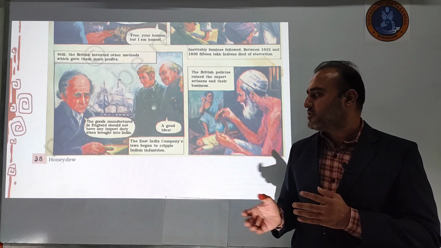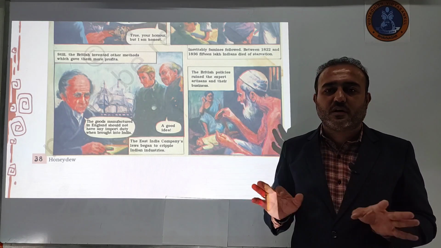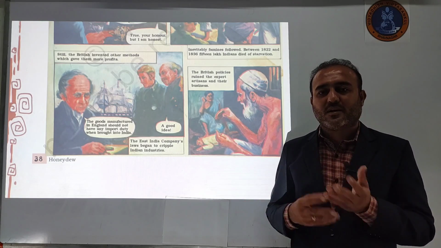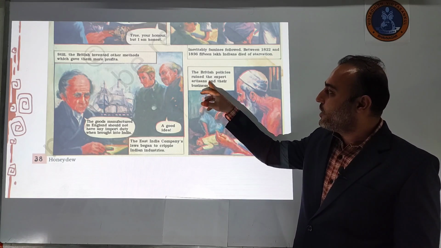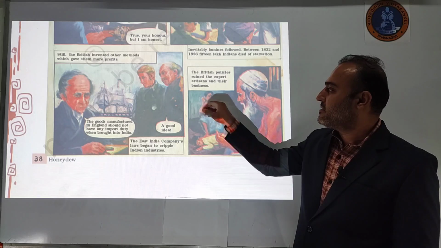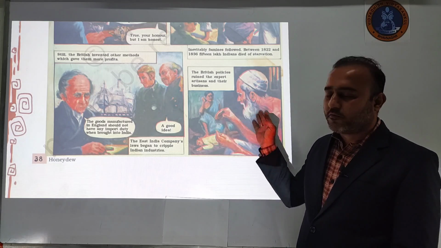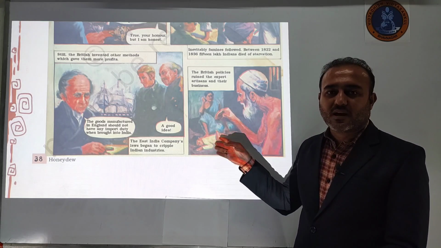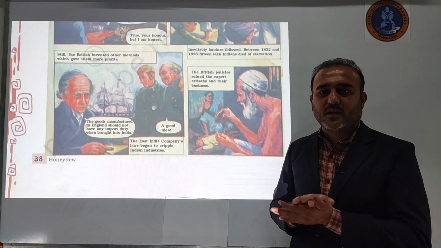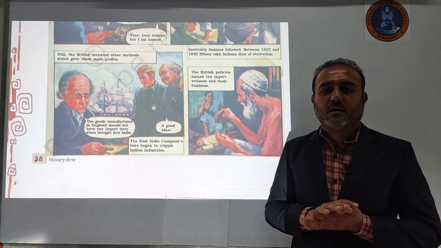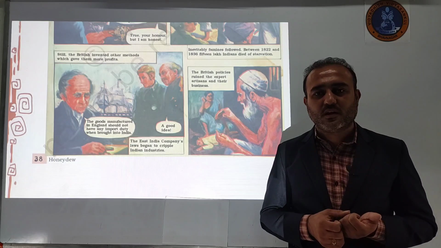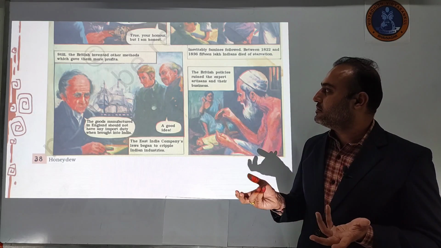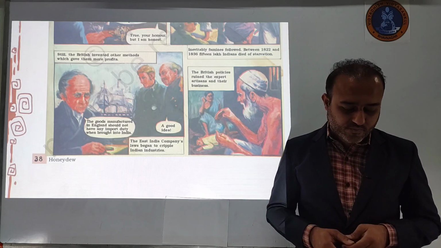So because of which the Indian companies suffered a loss, and ultimately they had to close down. The British policies ruined the expert artisans and their business. So the farmers, the laborers, the artisans, everyone became jobless or unemployed, and they could not earn any kind of money, and they were ruined.